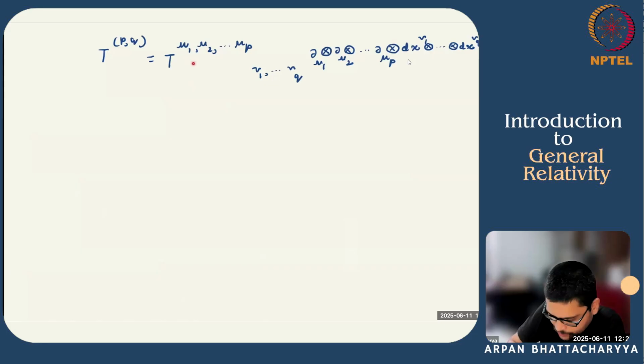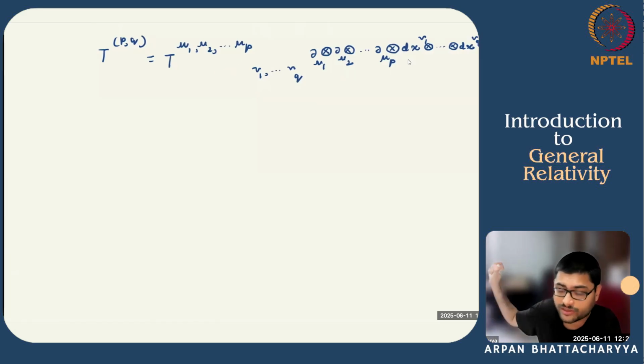So there are P upper indices associated with these coordinate basis dels, and there are Q lower indices associated with the coordinate differential basis, which goes from mu1, mu2, mu3. Remember, each of these mu1, mu2, mu3 takes 4 values, 0, 1, 2, 3, and there are P of such indices. Again, each of these mu takes 0, 1, 2, 3, and Q of such indices.